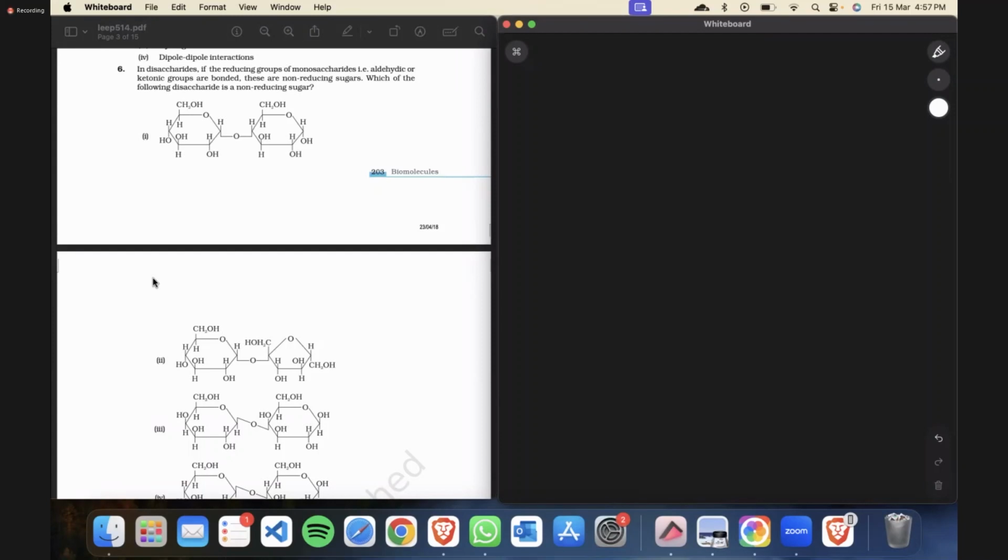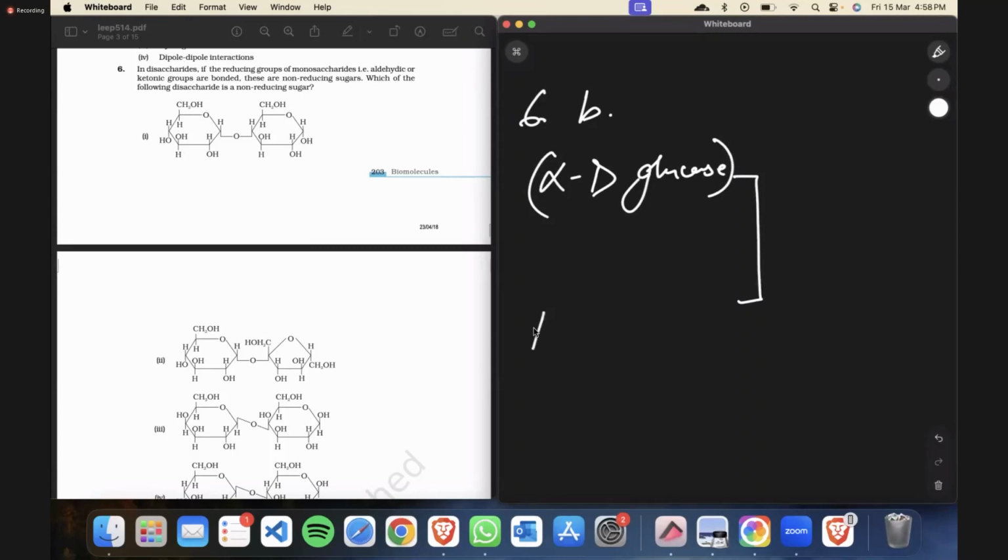Which of the following disaccharide is a non-reducing sugar? So basically a little theory has been given in the question itself. The correct option over here is option number B. So this structure represents sucrose, in which alpha D glucose and beta D fructose are attached by the C1-C2 linkage, alpha D glucose has been attached with beta D fructose.